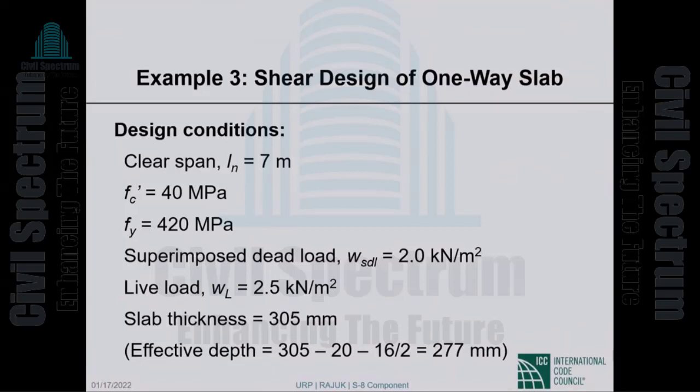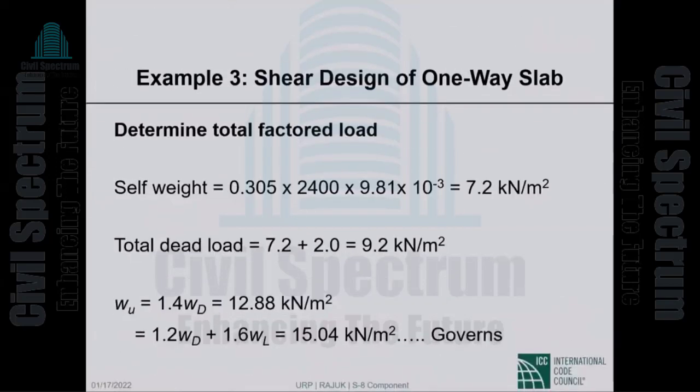Slab thickness is 305, effective depth is 305 minus 20 clear cover minus 16/2, half the diameter of the reinforcement that we are using in the slab. That comes to 277 millimeters. Self weight of the slab: 305 millimeters, 2400 kilograms per cubic meter.